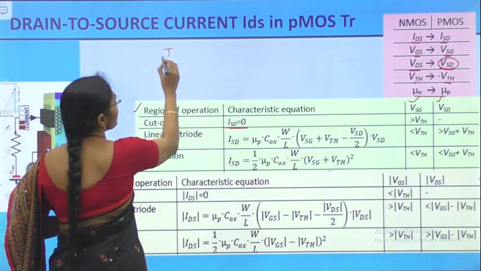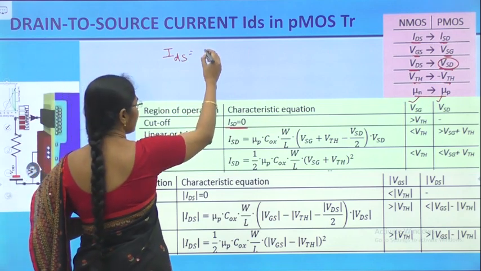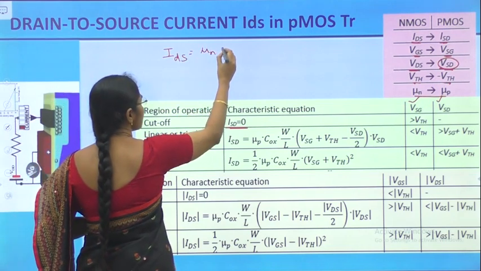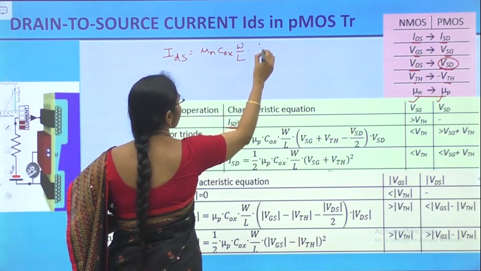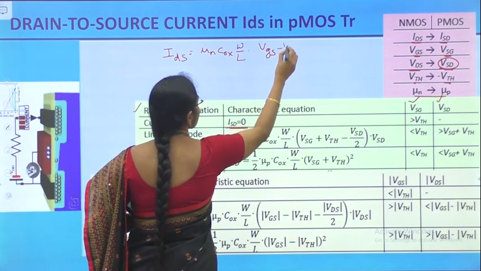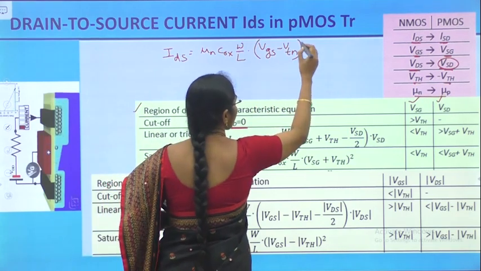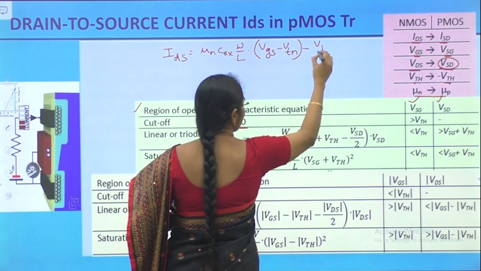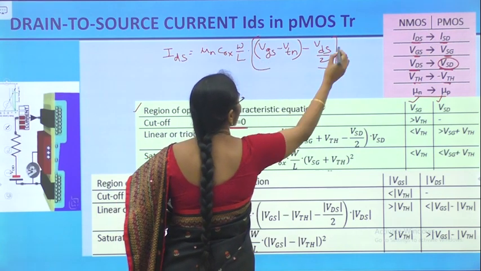What is the IDS in the nMOS? That is mu n into COX into W by L into VGS minus VTN minus VDS by 2, into VDS.